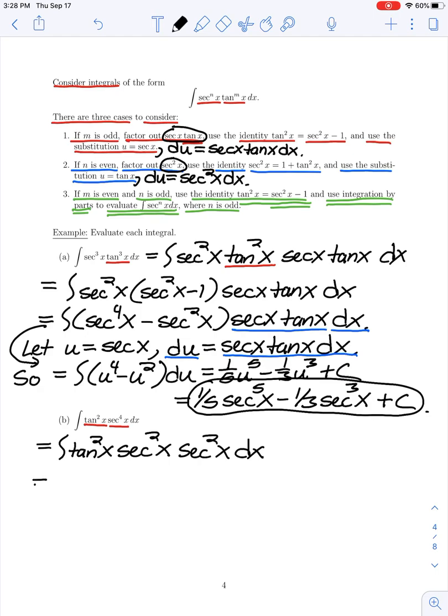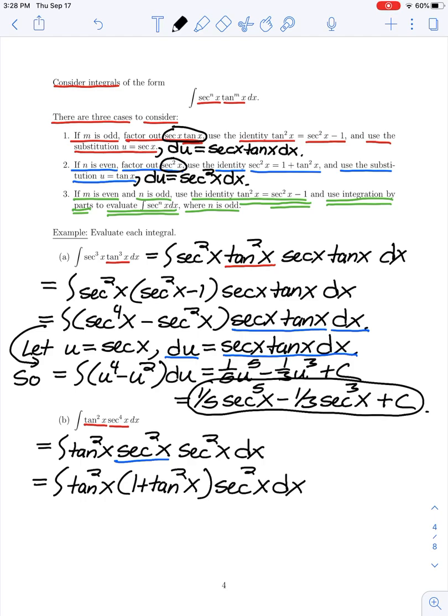Now from here, I can make use of the trig identity that secant squared x is equal to 1 plus tangent squared x. So I'm going to try to rewrite everything in terms of tangent x, except for that last factor of secant squared x that I had peeled off.